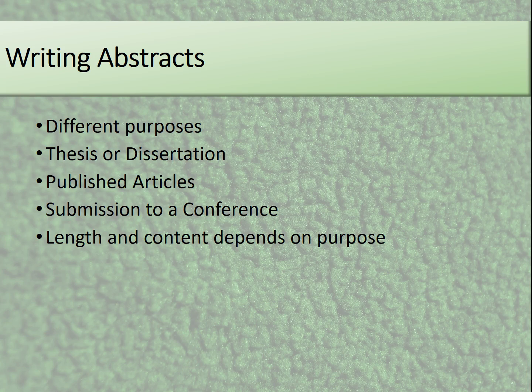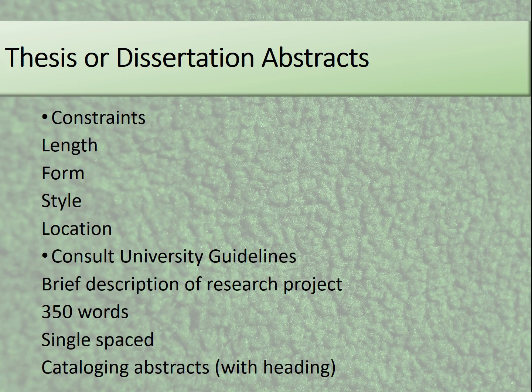In other words, abstracts for each purpose require slightly different orientations, but nearly all have constraints on length and form. Abstracts for a thesis or dissertation probably have several specific constraints on length, form, style, and location. First, consult university guidelines or graduate school regulations, then follow these carefully.